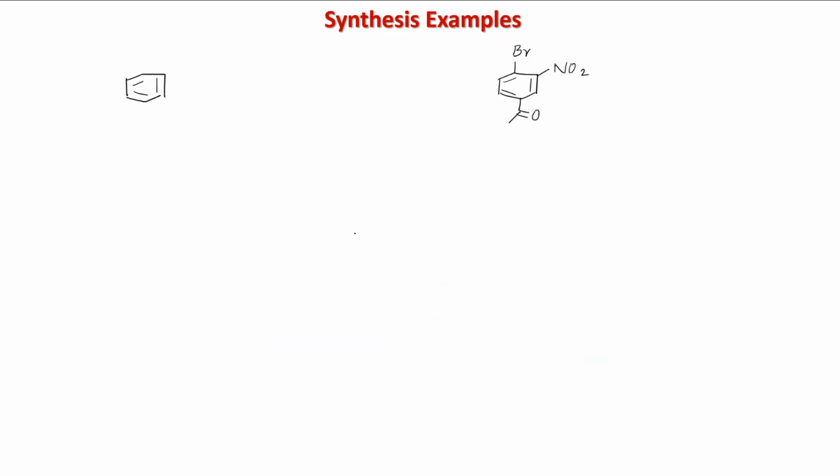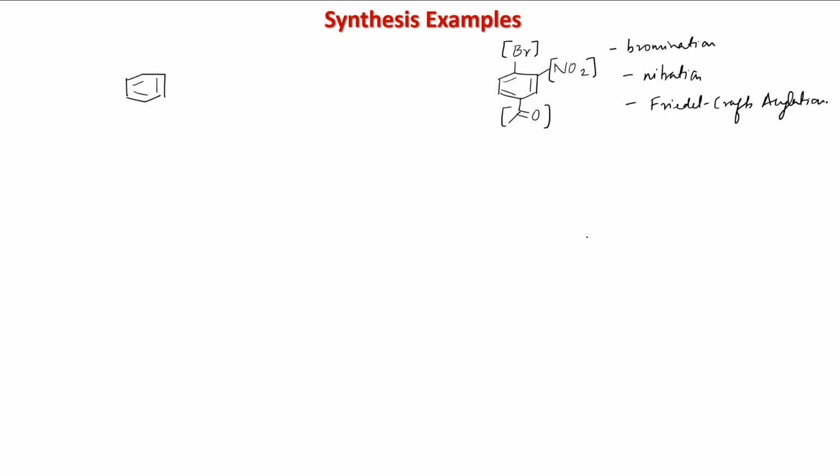Let's try another example where we are converting benzene into a tri-substituted molecule. And by looking at the functional groups that are installed, it looks like we need to do a bromination, a nitration, and a Friedel-Crafts acylation reaction.